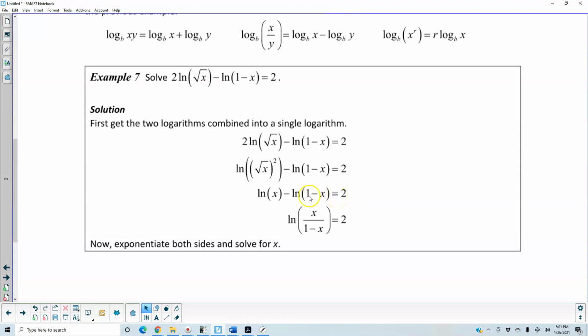Now, since we have a minus here, we're going to use the subtraction property to turn it into division. So it becomes the natural log of x divided by 1 minus x, which is equal to 2. And now we're going to exponentiate both sides and solve for x.